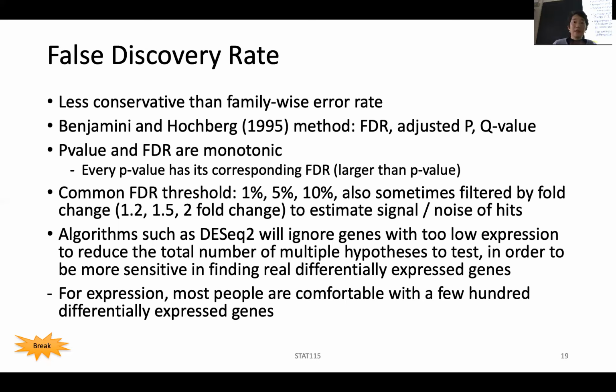Would you explain again why FDR is larger than p-value? Because if you cut off at 5% p-value, and if there are no differentially expressed genes, do you know what your FDR is? It's 100%. All of them are fake, right?